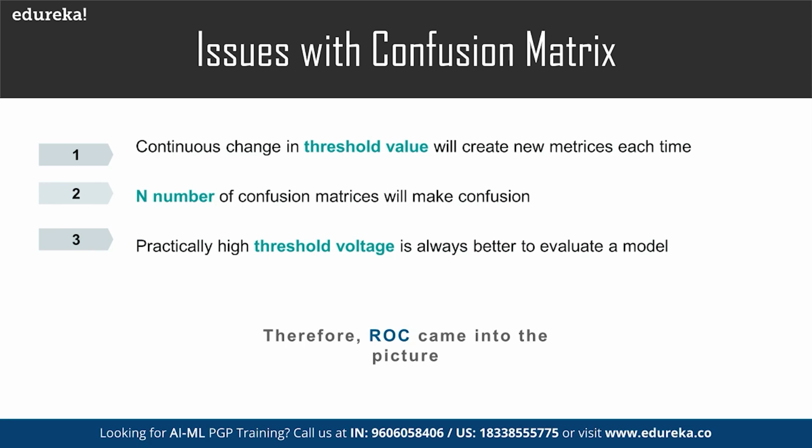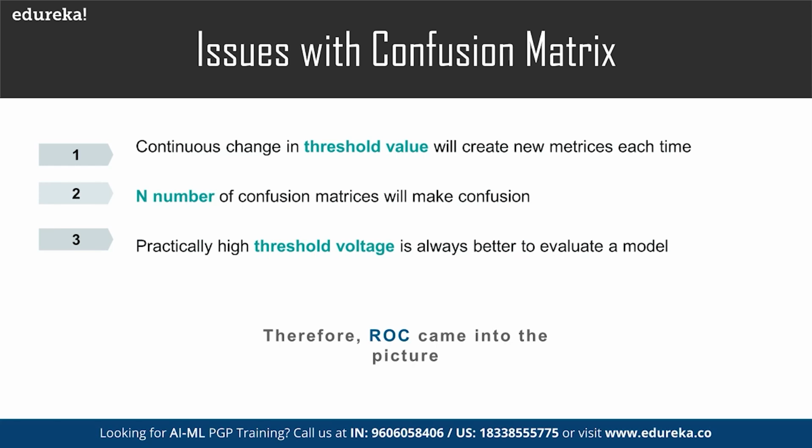We change the threshold values continuously because we need a high performing model. When we see that this threshold value is no longer useful, we change it. The threshold value falls between 0 and 1, and typically in industry they choose 0.5 as the default threshold value.